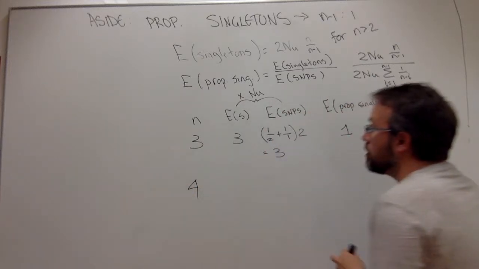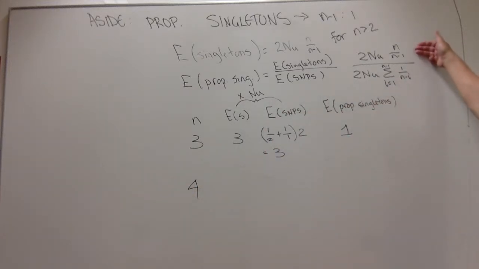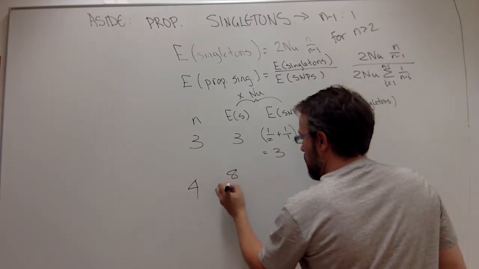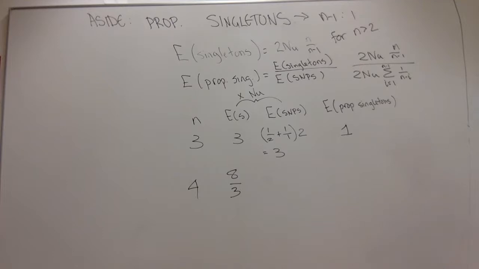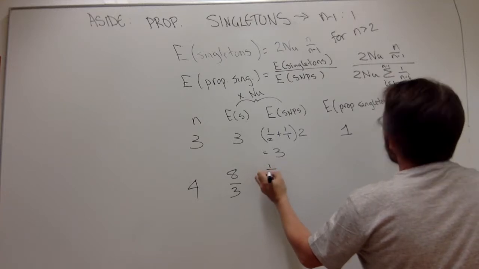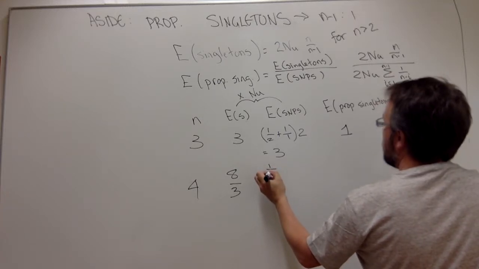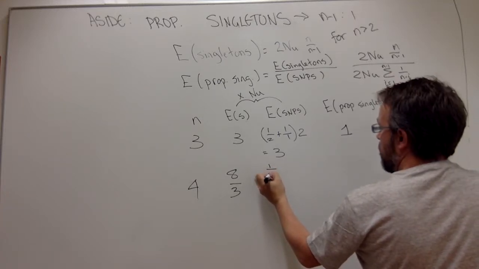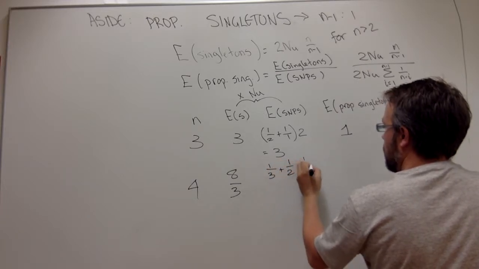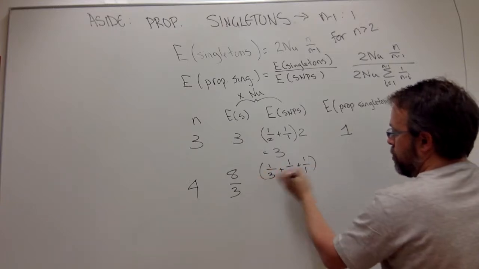Okay, what about for 4? Now our expectation is 4 divided by 3 times 2, or 8/3. And then for SNPs we expect 1/3 plus 1/2 plus 1 over 1, times 2.